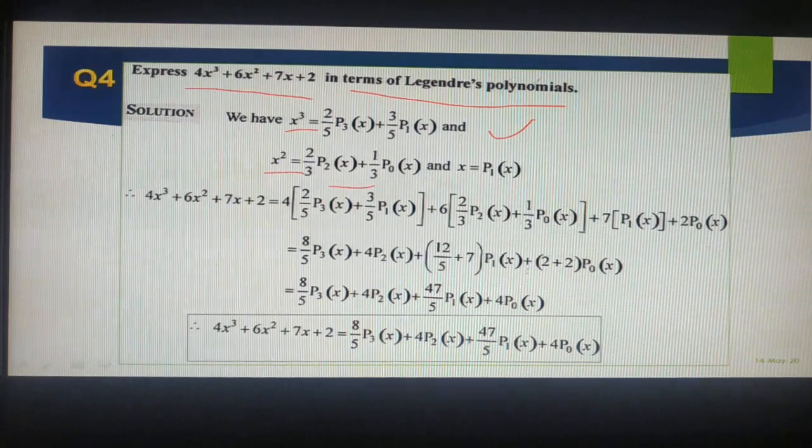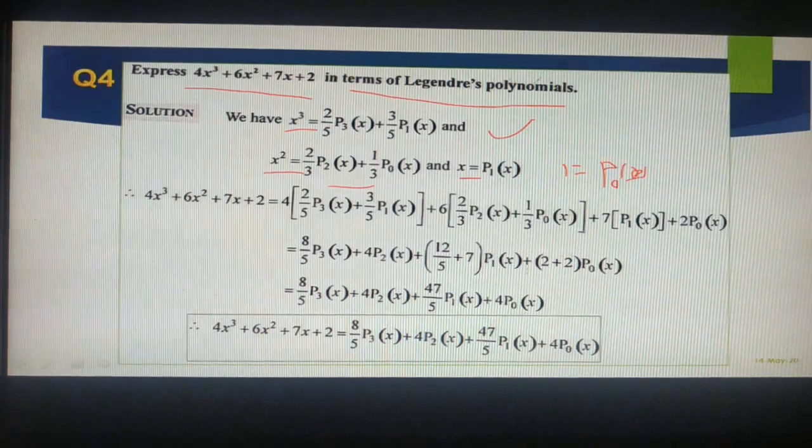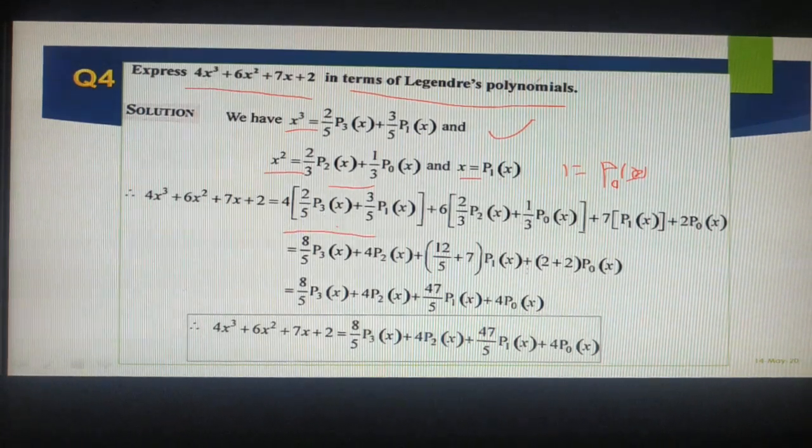Anyway, we should write all of x square, x cube and including the constant. So constant 1 is equal to what? P naught of x. So all these we should remember. Now I am substituting all those values in the given polynomial. 4 into x cube in terms of Legendre polynomials, this is the result. x square, this is the result.